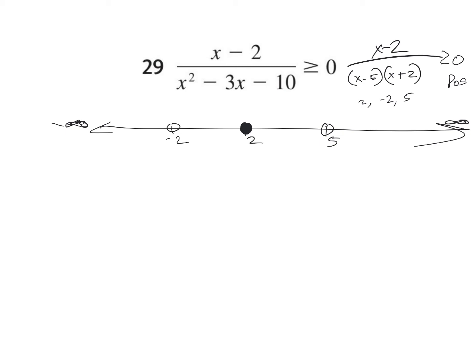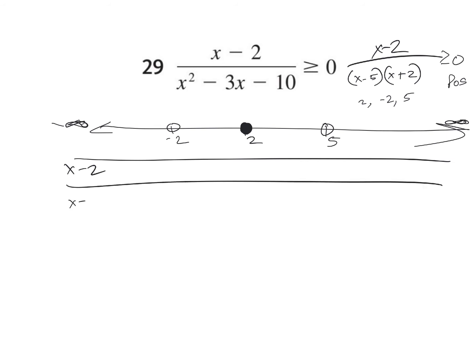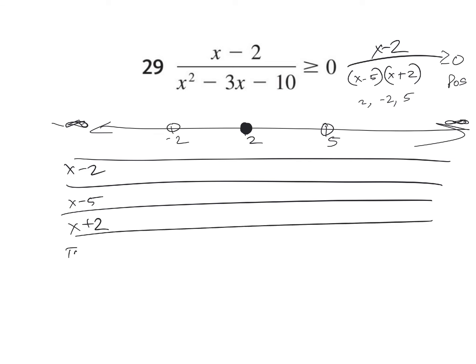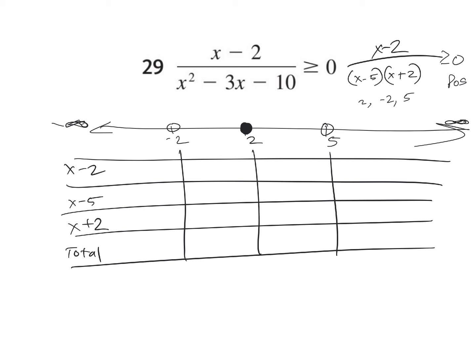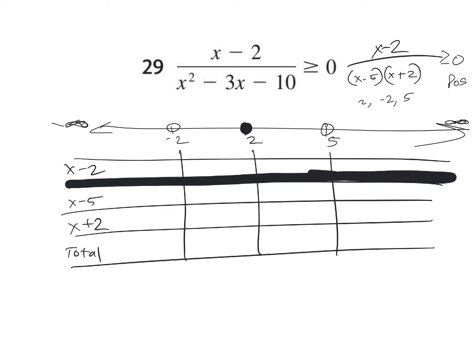Now plug everything in, x minus 2, x minus 5, x plus 2, and the total value. And let's also put your division mark in, so between the x minus 2 and the other stuff. Now, go ahead and pause it and figure out all the positives and negatives. Let's see how you do.